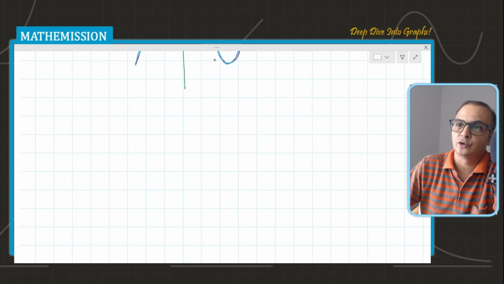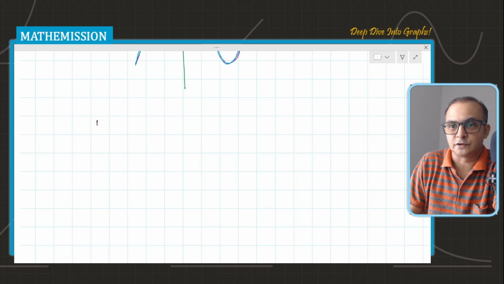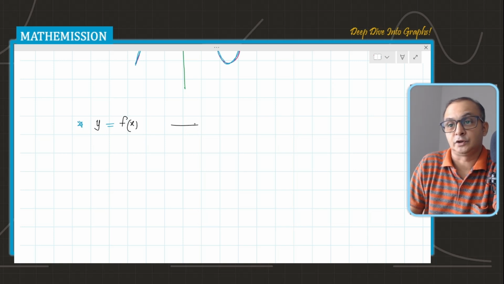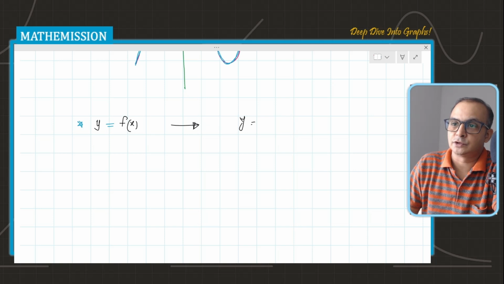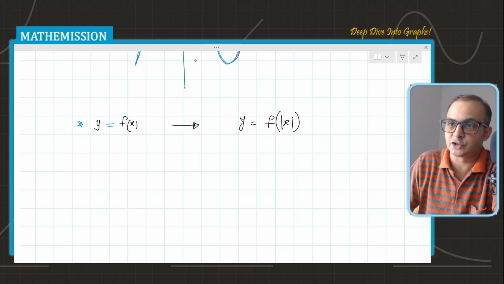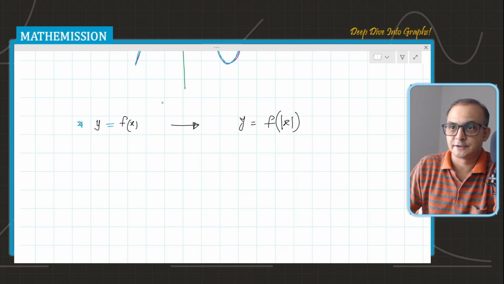So that is actually going to give you the idea of this function. So I have a second transformation of such kind: how do we draw the graph from y is equal to f(x) to y is equal to f of mod x. So let's try to understand again from the identity function, and we will generalize it.